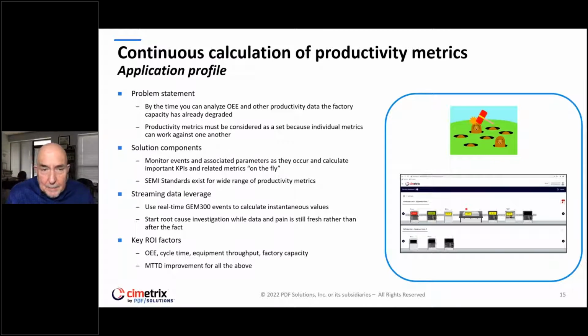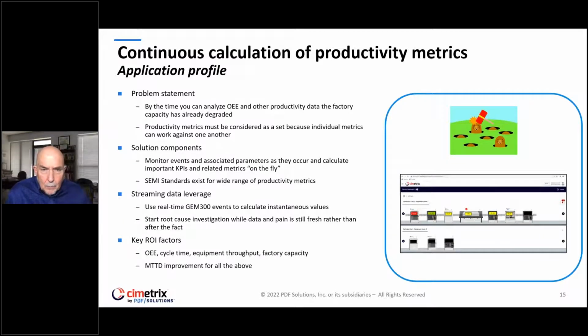All right, productivity metrics. Again, there are a whole raft of industry standards that support the calculation of productivity, not just OEE, but a lot of things related to OEE. There's a complementary standard that looks at time from the material perspective, not just the equipment perspective. And so these productivity metrics, just like the first application, can be very useful on the fly rather than after the fact.